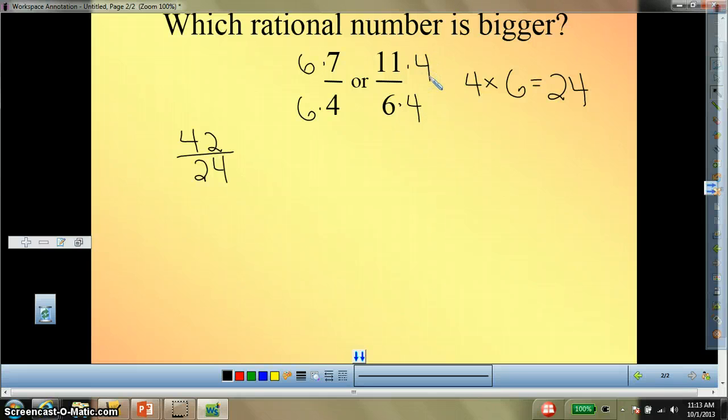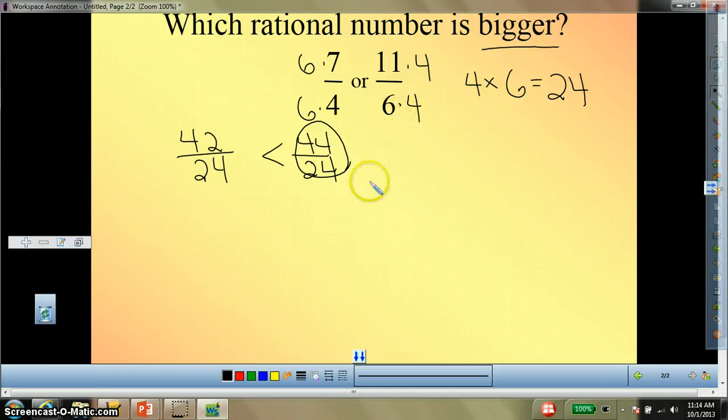We'll multiply that by the numerator as well. 11 times 4 gives us 44. And our denominator is 24. Now we can compare the numerators. 42 and 44. Which one is bigger? 44 is bigger. So this would be the inequality symbol we would use. This is our larger number.